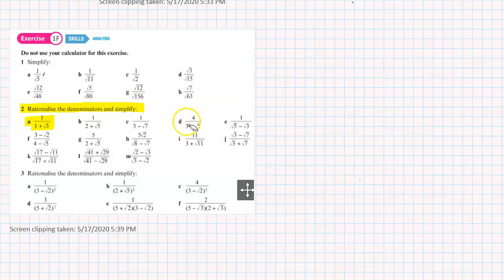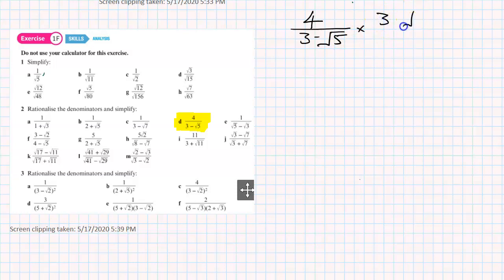Let me take question number D. We are doing part D. That is 4 over 3 minus root 5. So I multiply by 3 plus root 5 over 3 plus root 5.